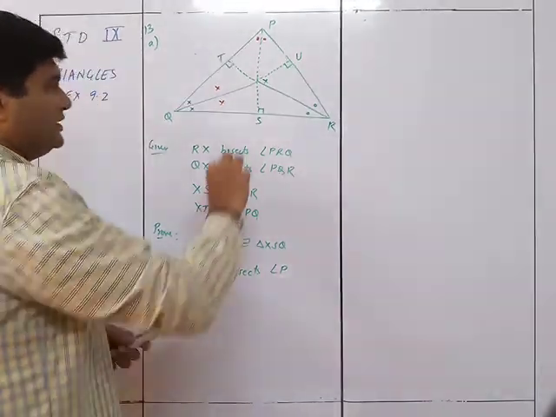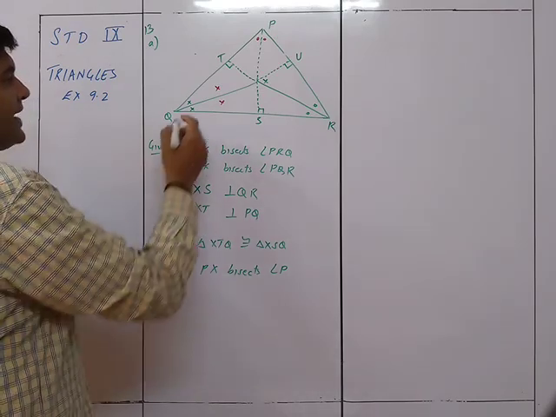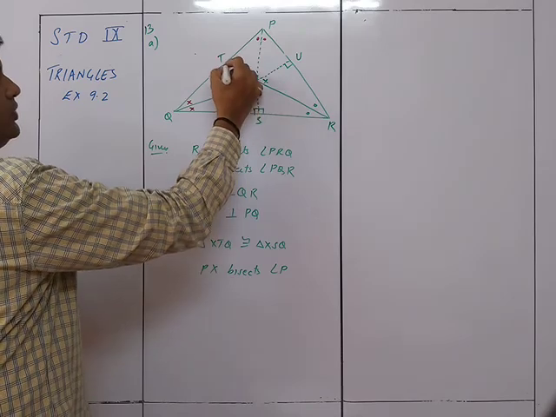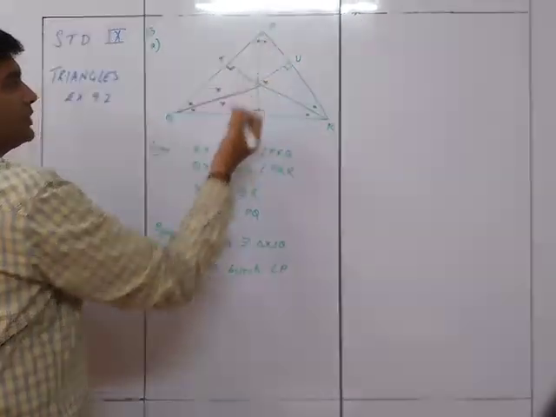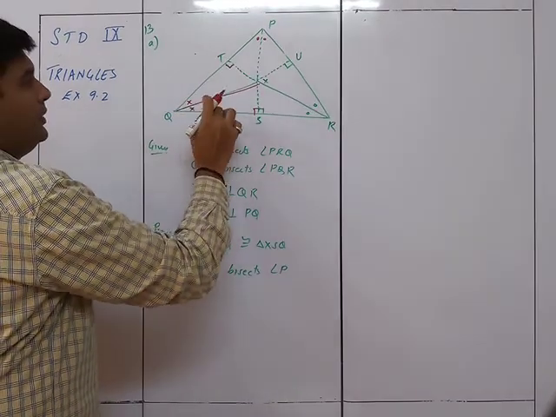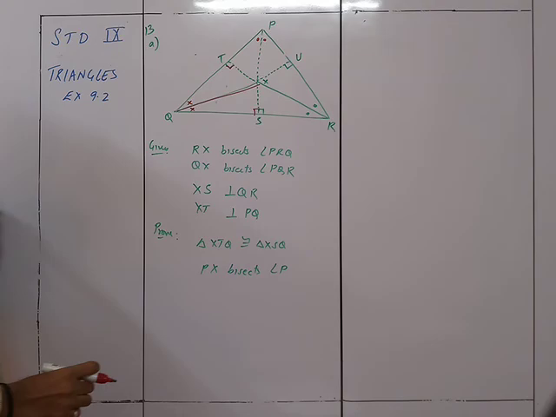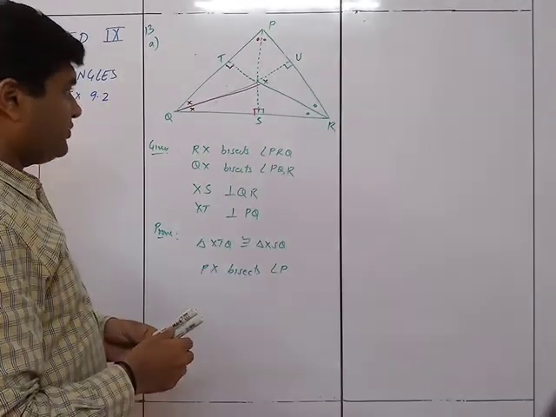So first of all, let's take the easy part, these two triangles. You know over here the angle bisectors are given to you, this is 90 degrees given to you, and this is the common side. Accordingly, by the AAS test, the two triangles will be congruent. Easy part first.